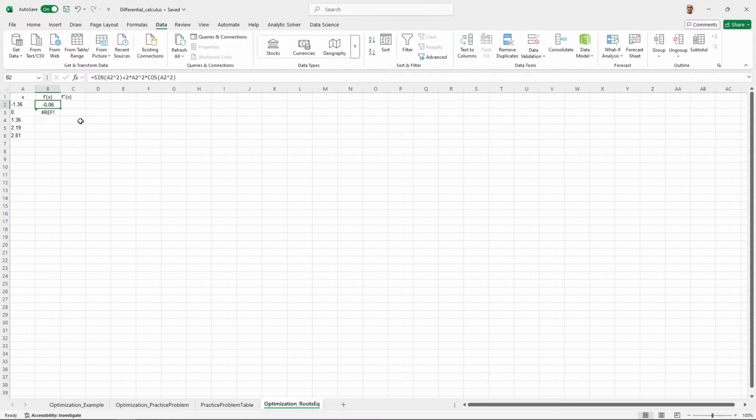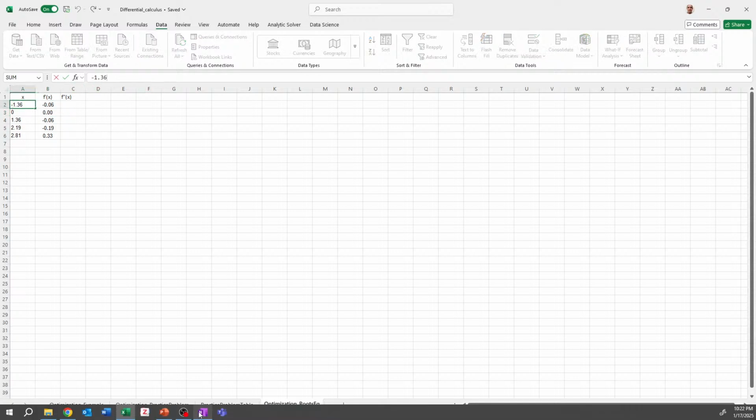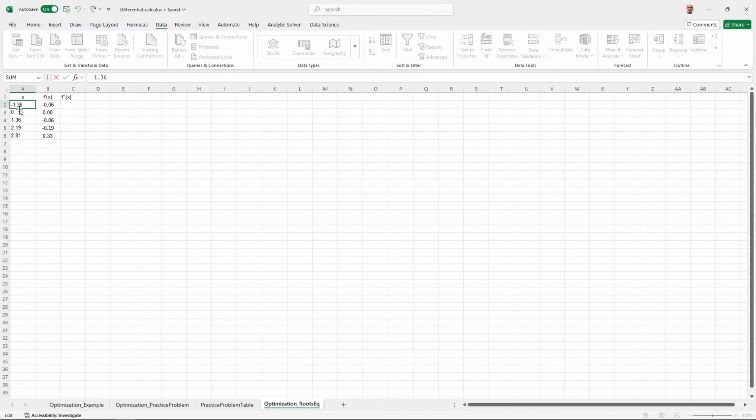Well, I got something very close to 0, but ideally it should be 0. I think I know why, because I'm approximating these numbers. That's why I'm not getting exactly 0.